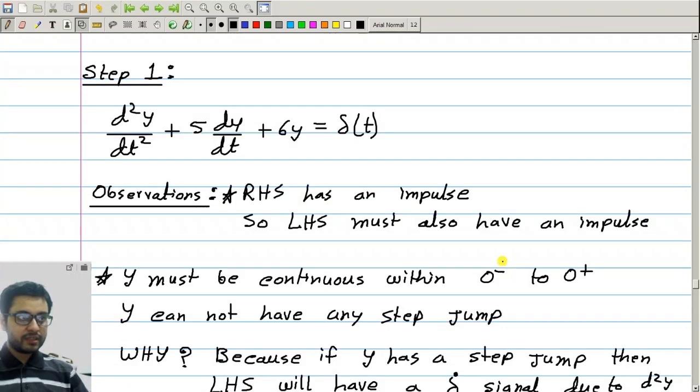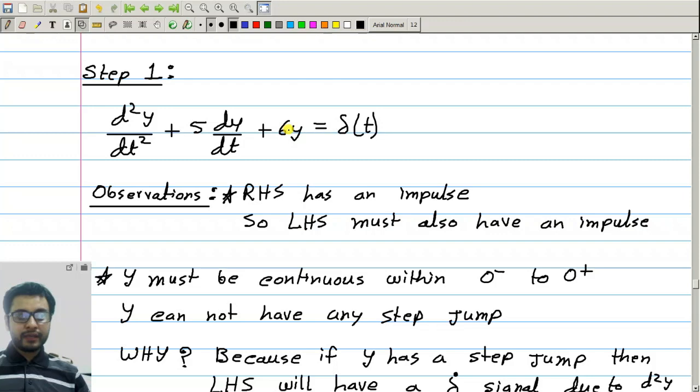Similarly, this function y cannot have a delta function. I mean, y cannot be a delta function, because if y is a delta function, then its first derivative will be delta dot, second derivative will be delta double dot, but on the RHS there is no delta dot or delta double dot.